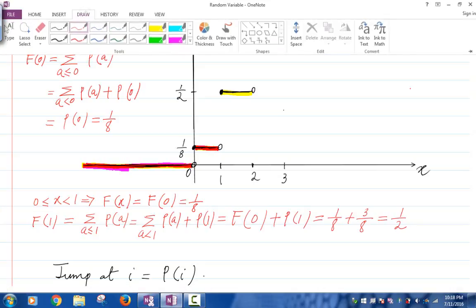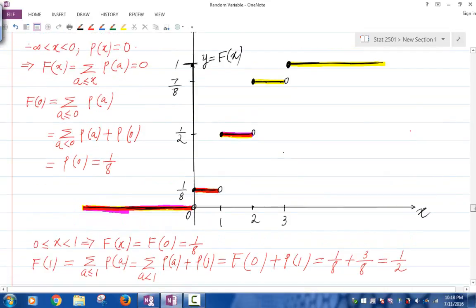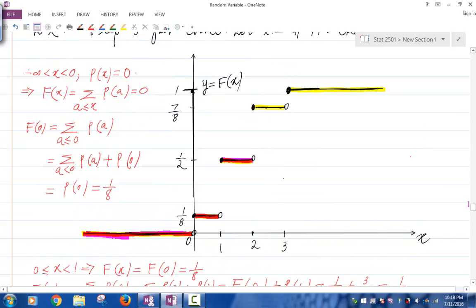And so that means that the CDF function will be half from 1 up to 2, because we know between 1 and 2 it stays the same. And in a similar way, you can show that the value of the CDF function at 2 would be 7/8, and then it stays at 7/8 until we get to 3, and at 3 the value is 1, and then it stays 1 for any value of x greater than 3.